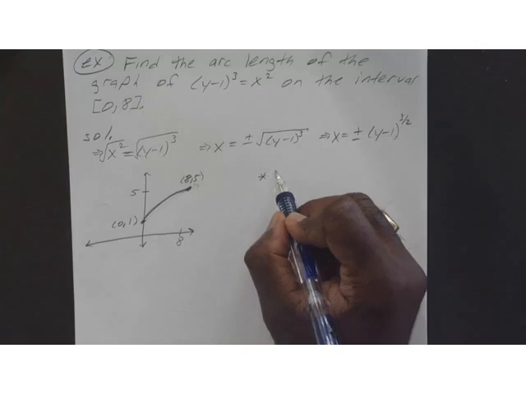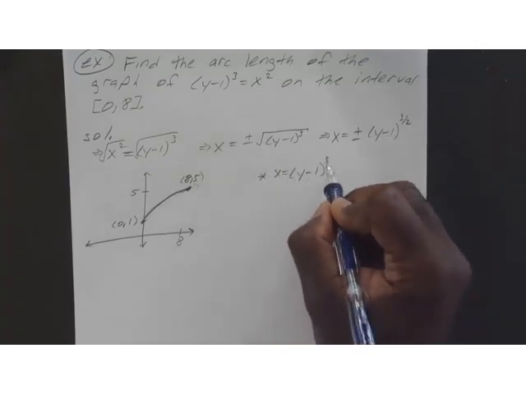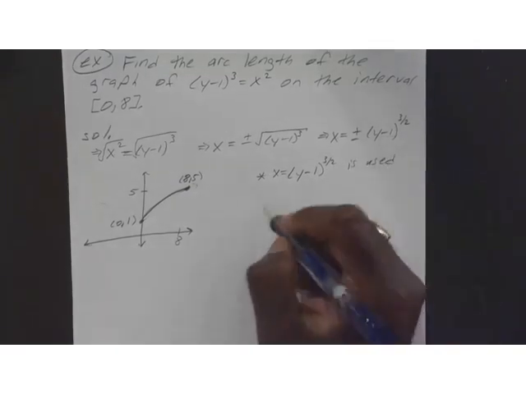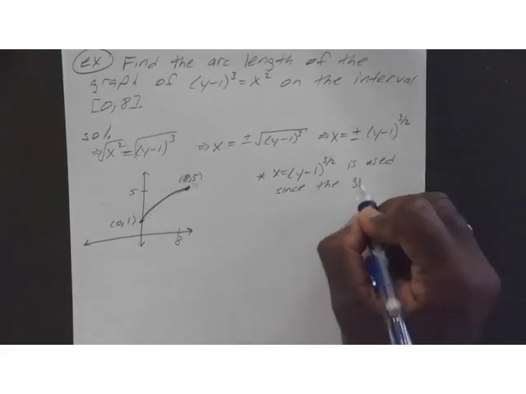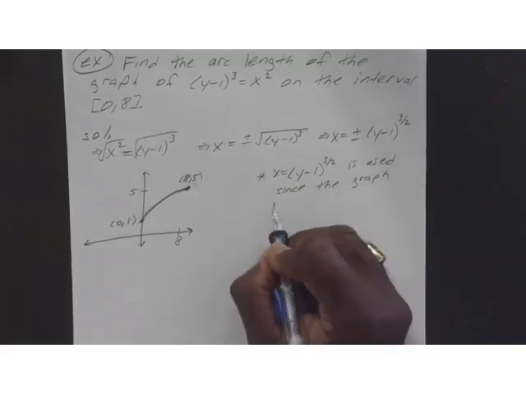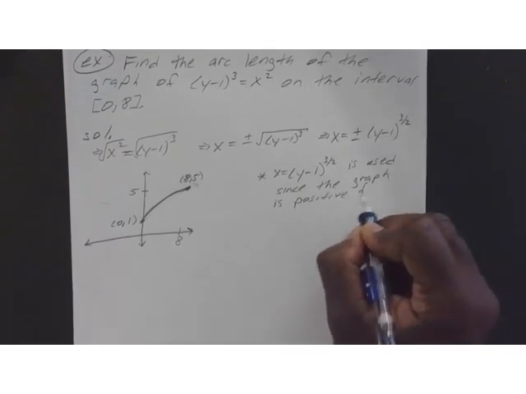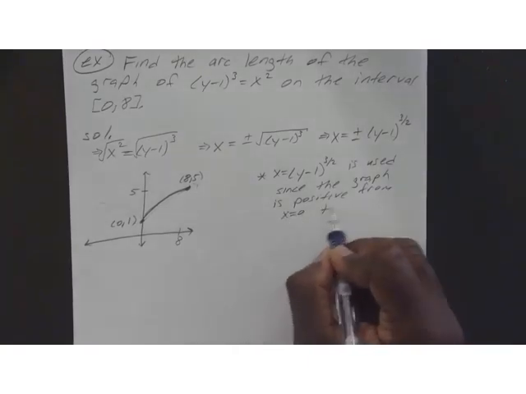Okay, so we're just going to use the (y minus 1) to the 3/2 power, since the graph is positive from x equals 0 to x equals 8.